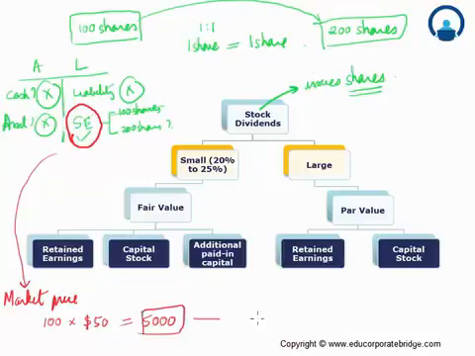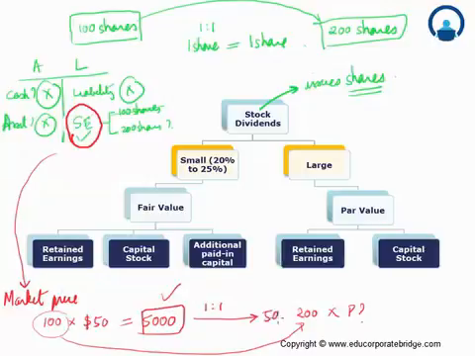Now with this 1:1 transaction, the only change is that instead of 100 there are now 200 shares, and there would be a new price associated with it, because when we talk about stock dividends the market value doesn't change.